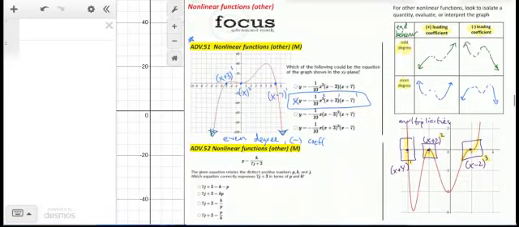In addition to these properties, the other thing that you would be expected to be able to do with a nonlinear function is to isolate different parts of that equation. So here, if you look at all the answer choices, you can tell that it is basically just asking you to isolate this portion of the function.